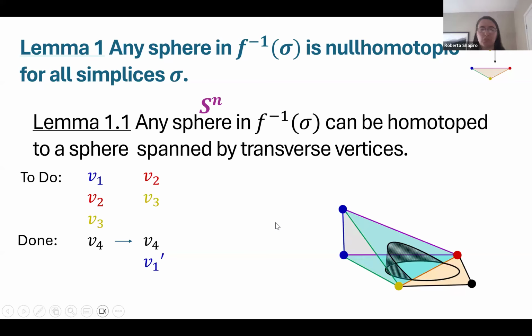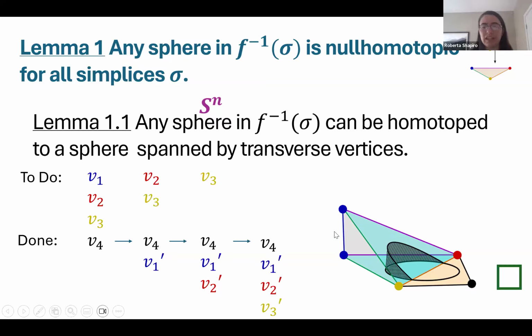We're going to keep doing that until everything is transverse. I am skipping some steps here. So one by one, we're going to make sure things are transverse by flowing across higher dimensional simplices.